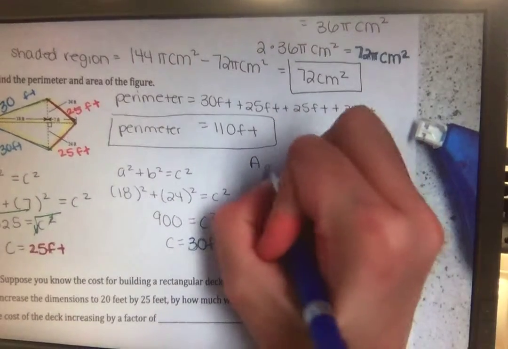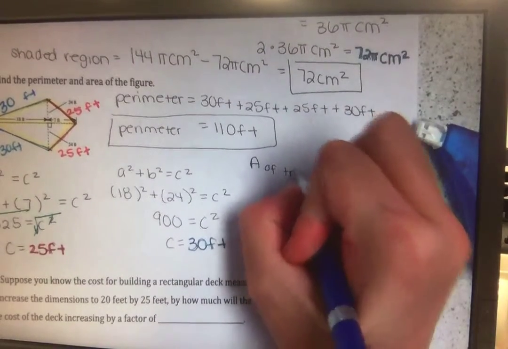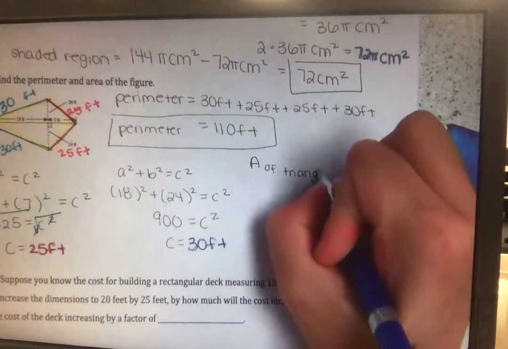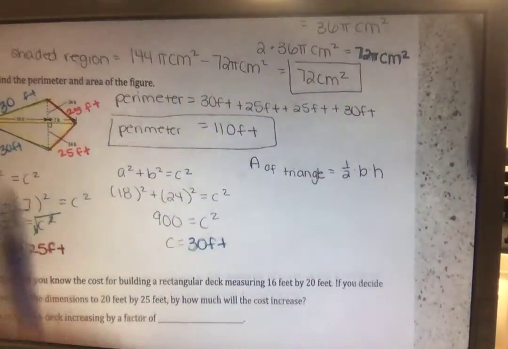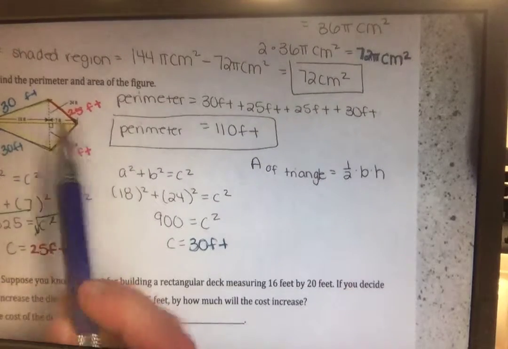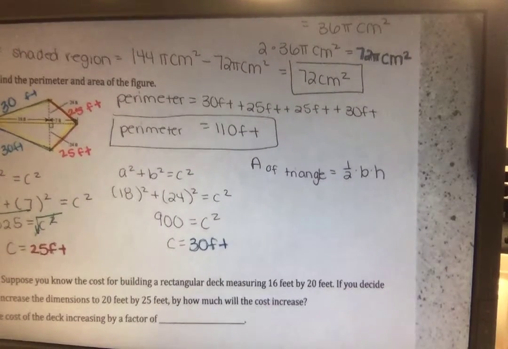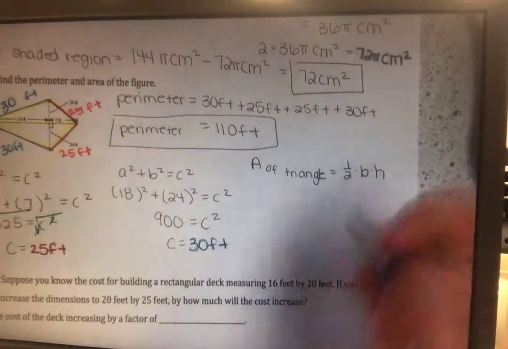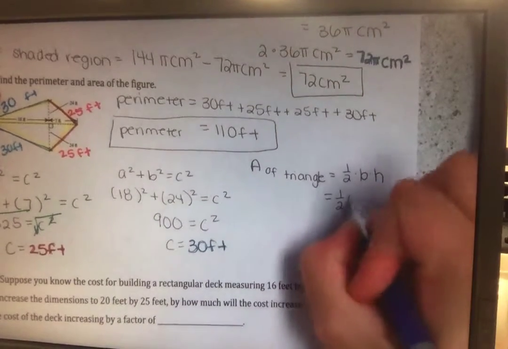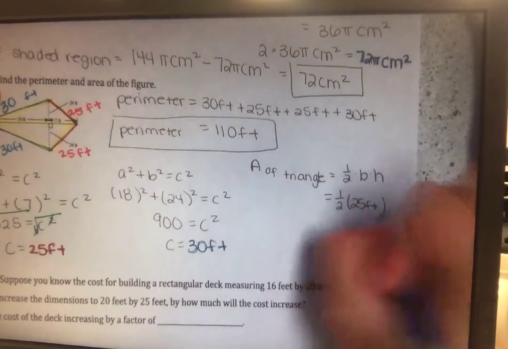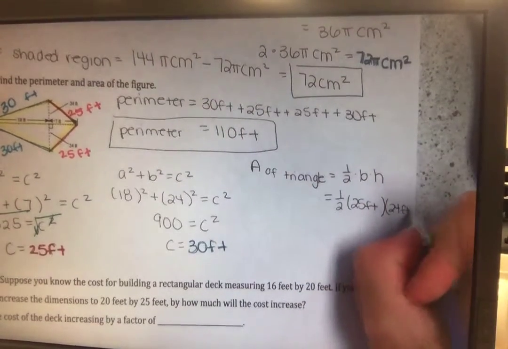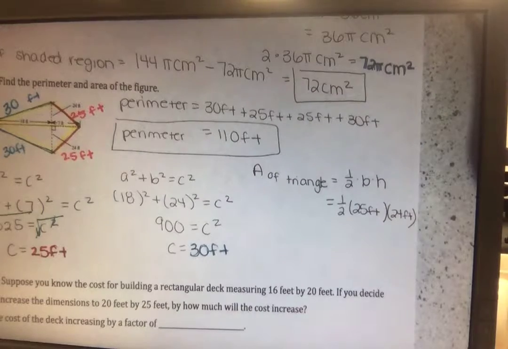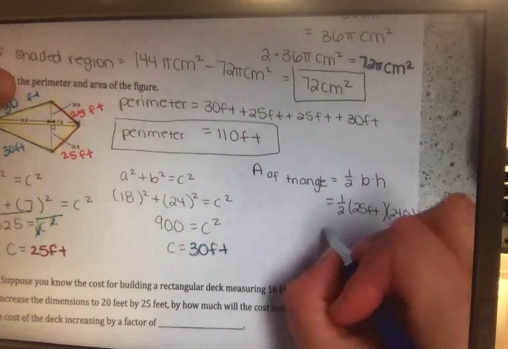So our area of the triangle we know is 1/2 times the base times the height. Our base is 18 feet plus 7 feet. So 18 plus 7 will give us 25 feet. Our height up here is going to be 24 feet. So 1/2 times 25 times 24 will give us 300 feet.